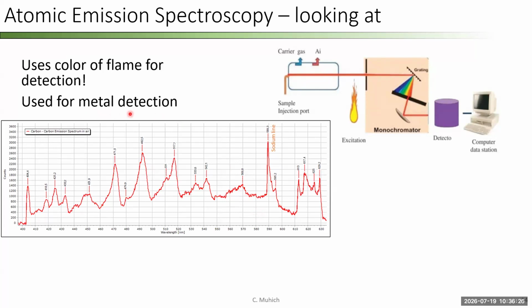So let's say you had a sample and you wanted to know if it was contaminated with something toxic like chromium or lead or cadmium or mercury. You could run your sample through an atomic emission spectroscope and determine if those individual metals are present, and then if they are present, how much of each is present.